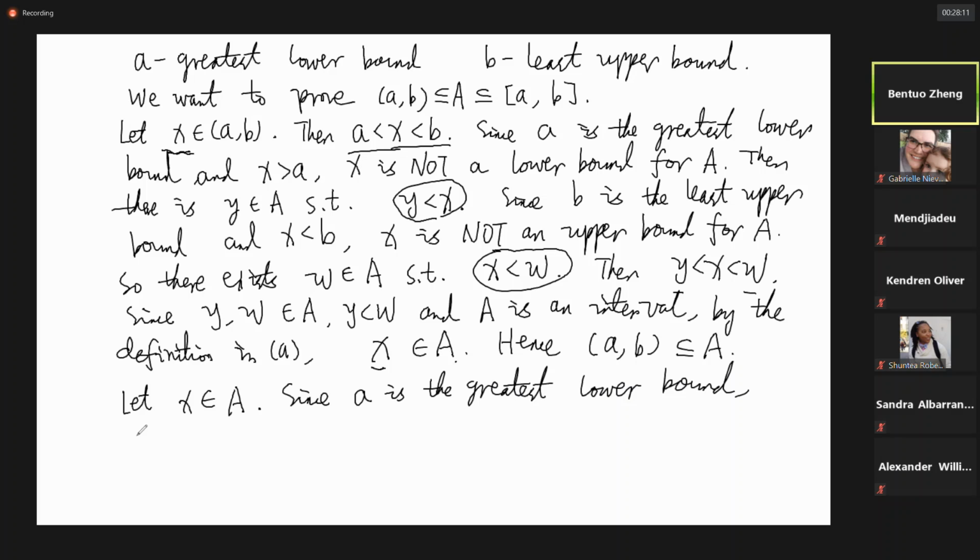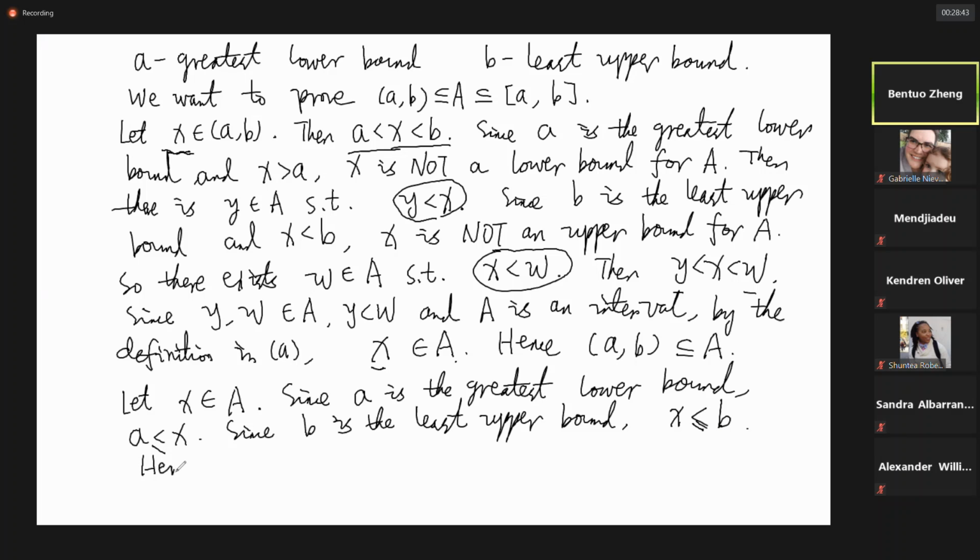So we have A is less than or equal to X. And since B is the least upper bound, in particular, the least upper bound is an upper bound, then we have X is less than or equal to B.